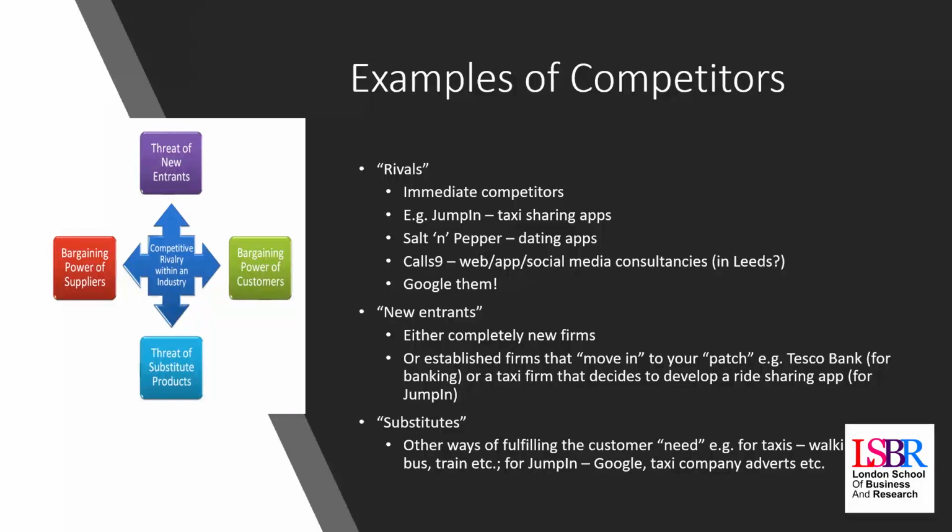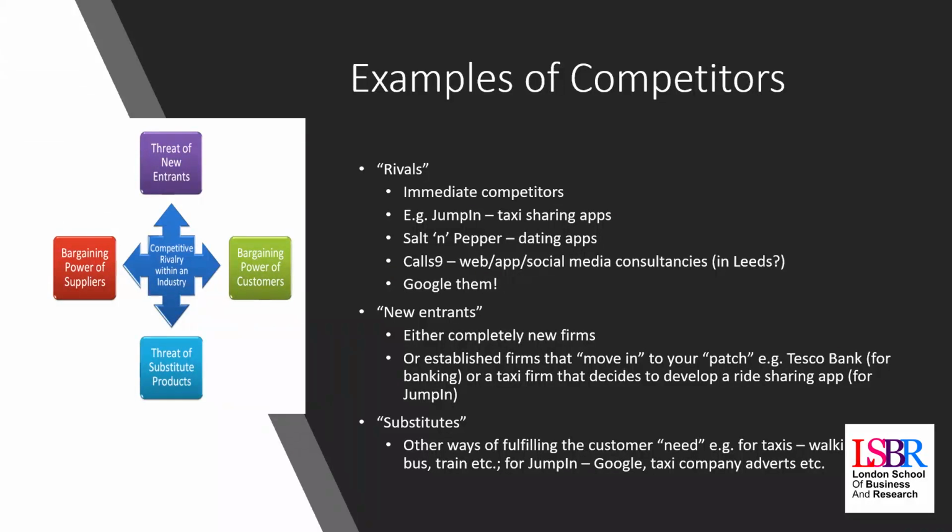Or they could be established firms that move into another patch. So, for example, Tesco, the UK supermarket that provides foods, they've moved into the banking industry. So Tesco have got their own bank. Or a taxi firm maybe that's developed a ride-sharing app.